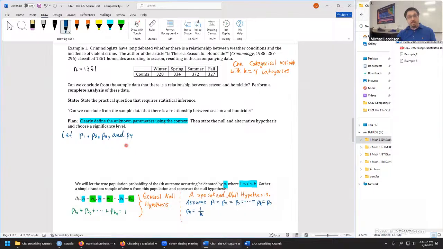Let P1, P2, P3, and P4 denote the true proportion of all homicides in this area.